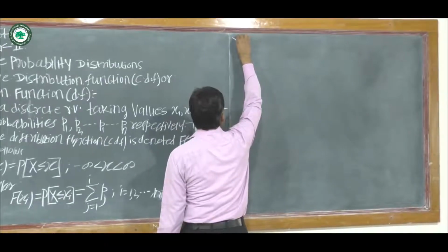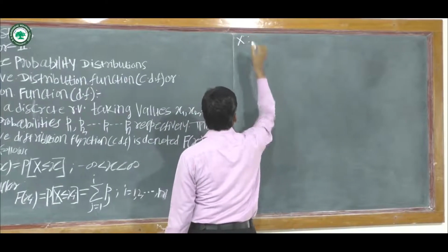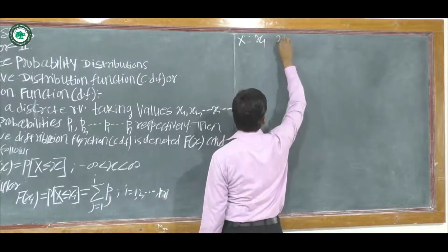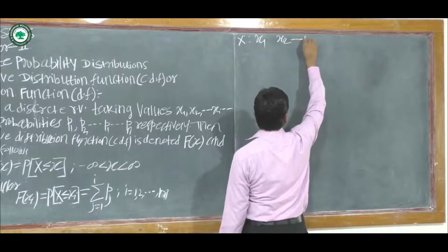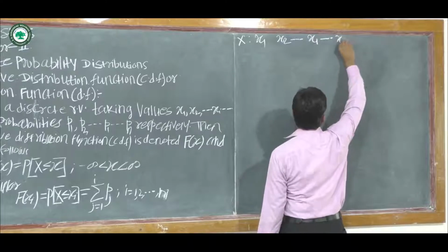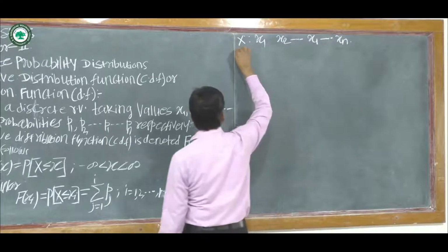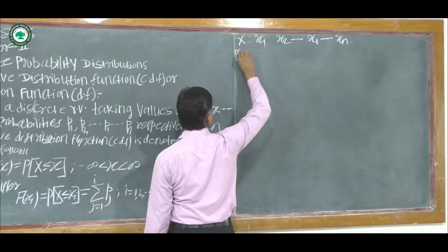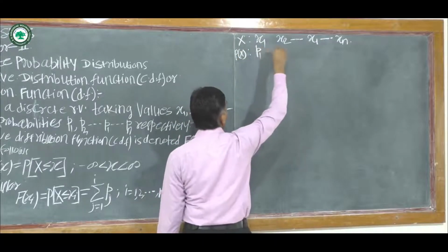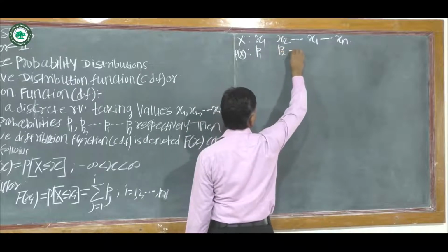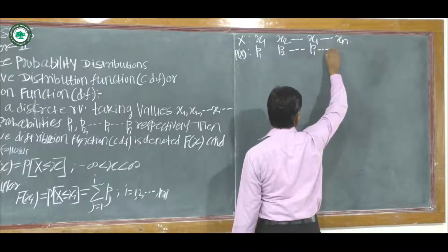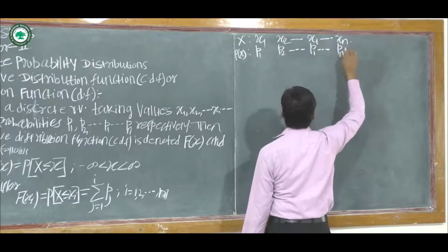In tabular form, suppose the random variable x takes values x1, x2, and so on, xi, and so on, xn, with probabilities p of x: p1, p2, pi, pn.